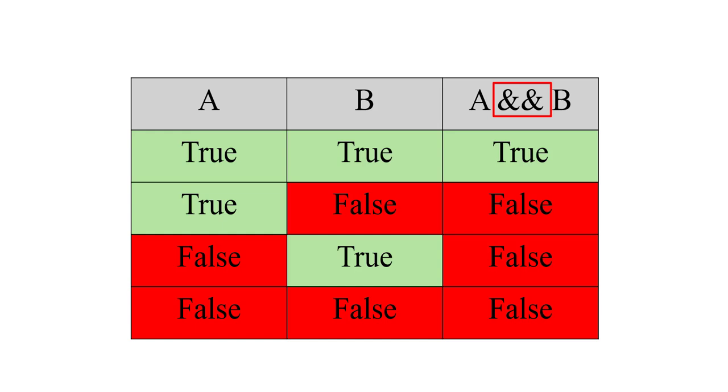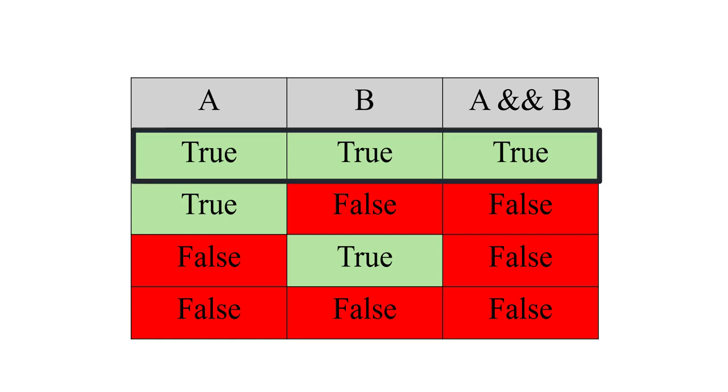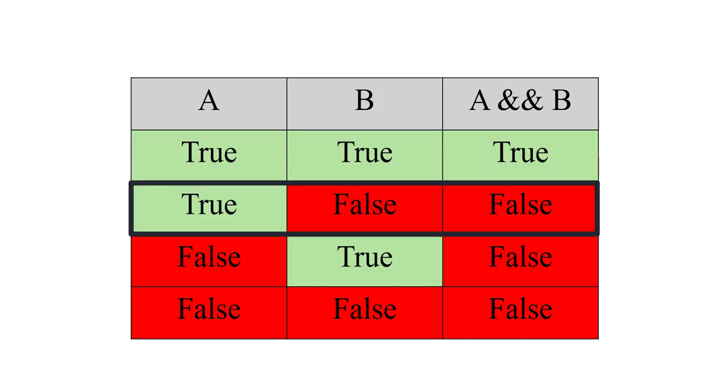Using the symbol AND to do the logic operation of AND would look like this. If I have a condition A and the output of that condition is true, then I have another condition called B and the output of that condition is true, A and B, the end result will be true. If condition A's output is true and condition B's output is false, the final output of A and B is false.